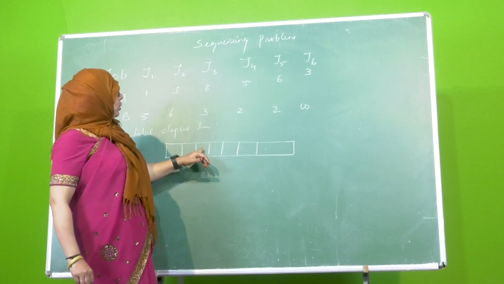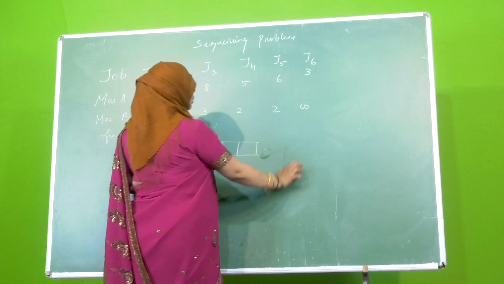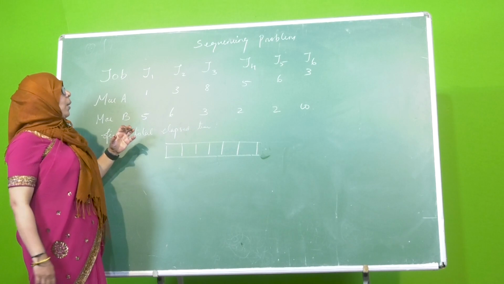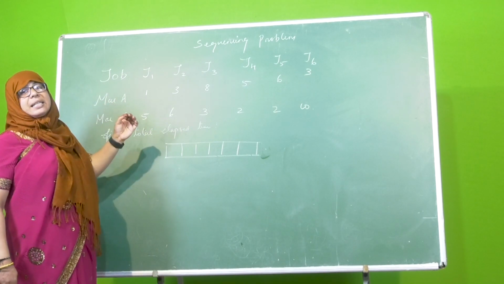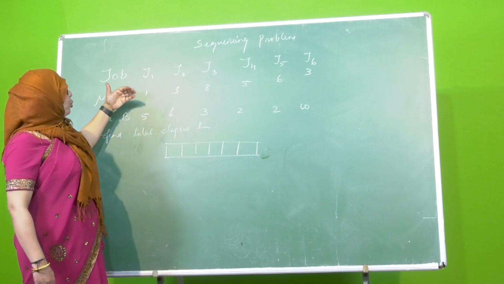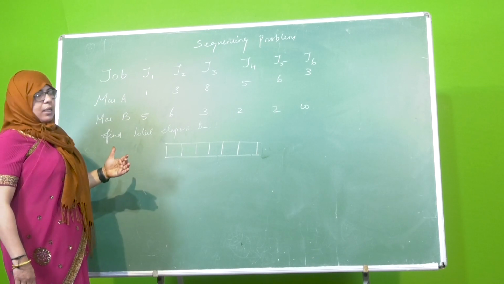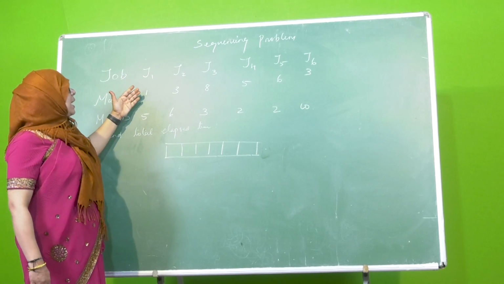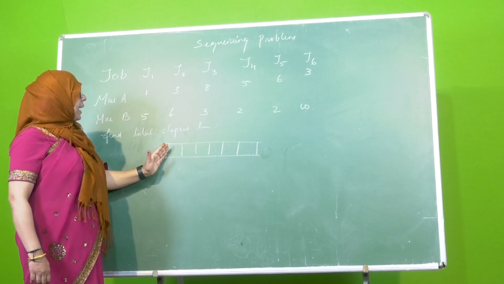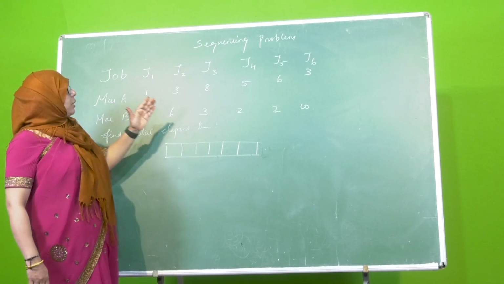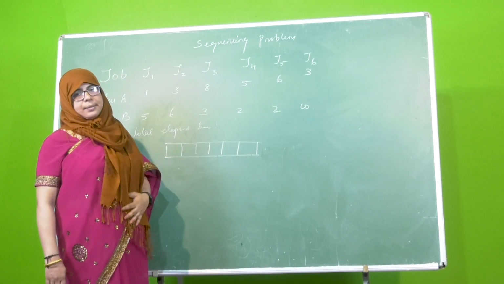You have to look at machine A and machine B, comparing the two machines and finding the least element. If the least element is in machine A, you write the job on the left side. If the least element is in machine B, you write it on the right side.